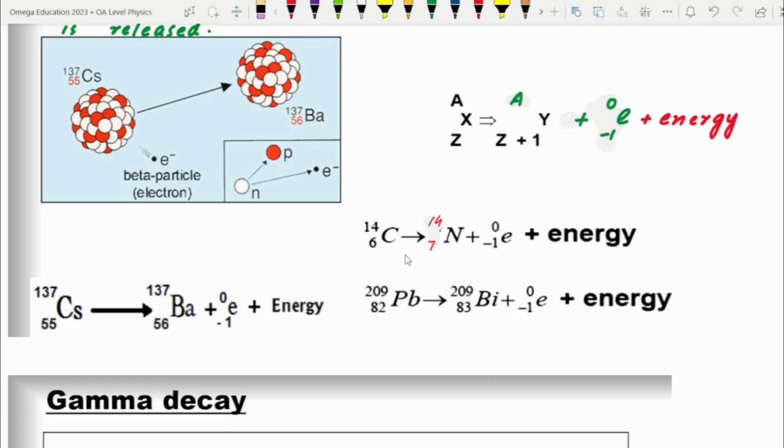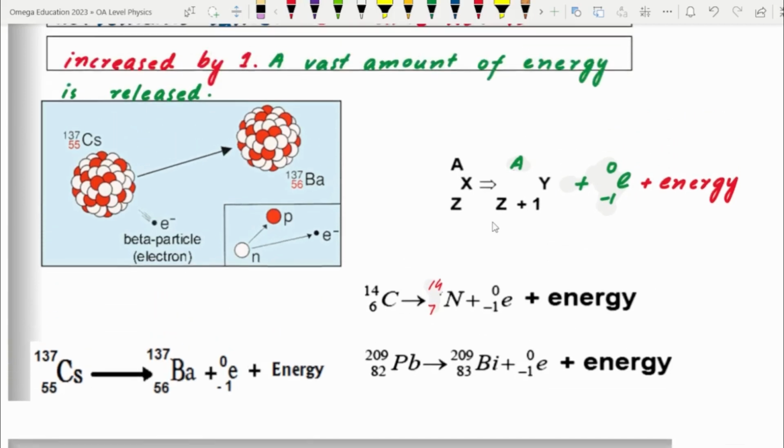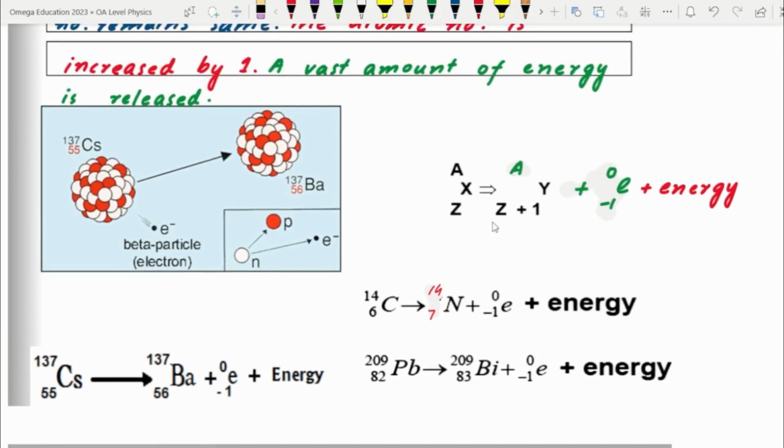Now, what is the similarity? If they ask you the question, what are the similarities in alpha decay and beta decay? The similarities are, in all of those, alpha decay, beta decay, gamma decay, a radioactive particle is emitted.